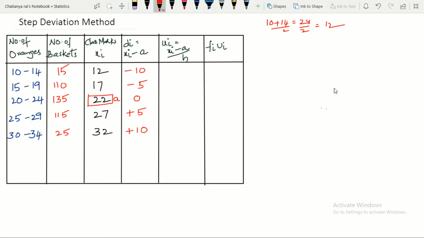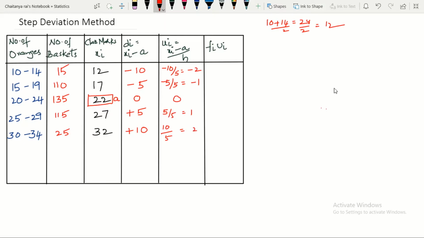So negative 10 divided by 5, we will get negative 2. Negative 5 divided by 5 gives negative 1. As usual, this is 0, and 5 by 5 gives 1, and 10 by 5 gives 2 as the value.